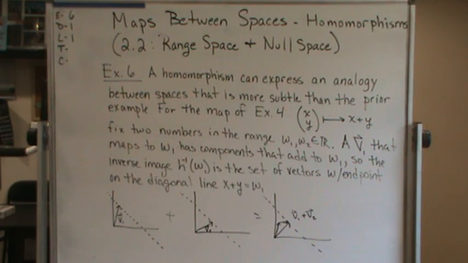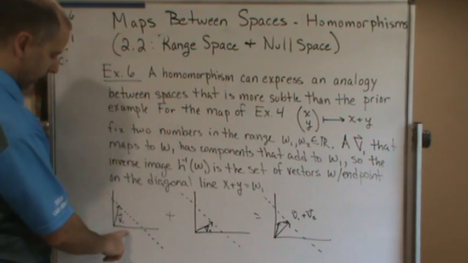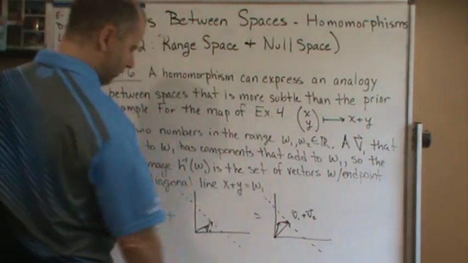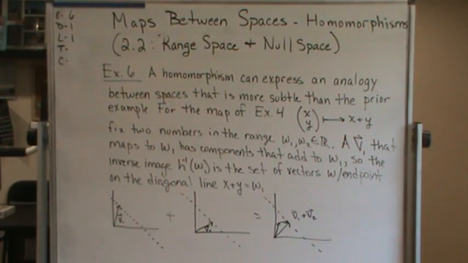And the addition property says this, right? So we can add these together. If we add a W1 vector to a W2 vector, then H maps the result to a W1 plus W2 vector.